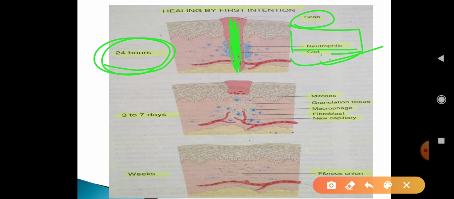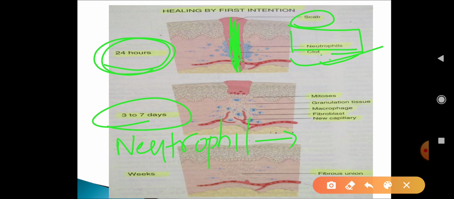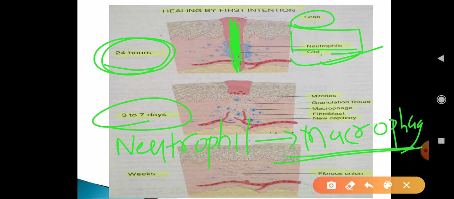After 3 to 7 days of the wound, such neutrophils will be replaced by chronic inflammatory cells. So your neutrophils will be replaced by macrophages. After 3 to 7 days, the main inflammatory cells will be macrophages, and this macrophage is responsible mainly for the fibrosis by elaboration of fibroblast growth factor and transforming growth factor beta.